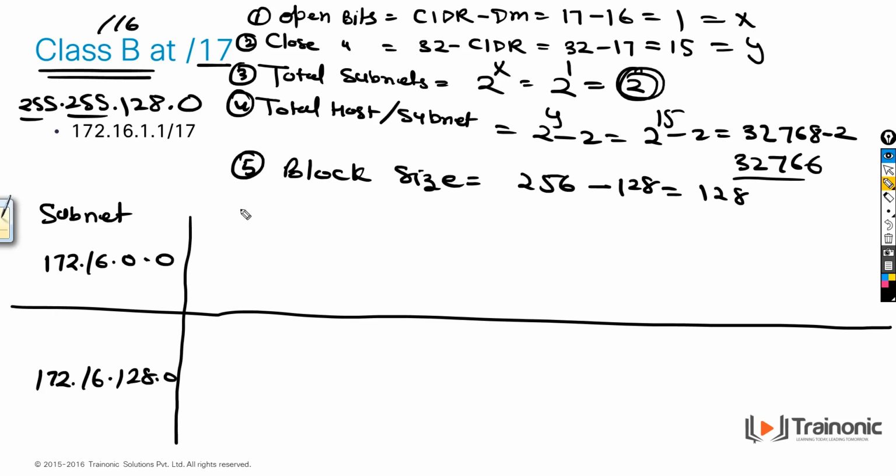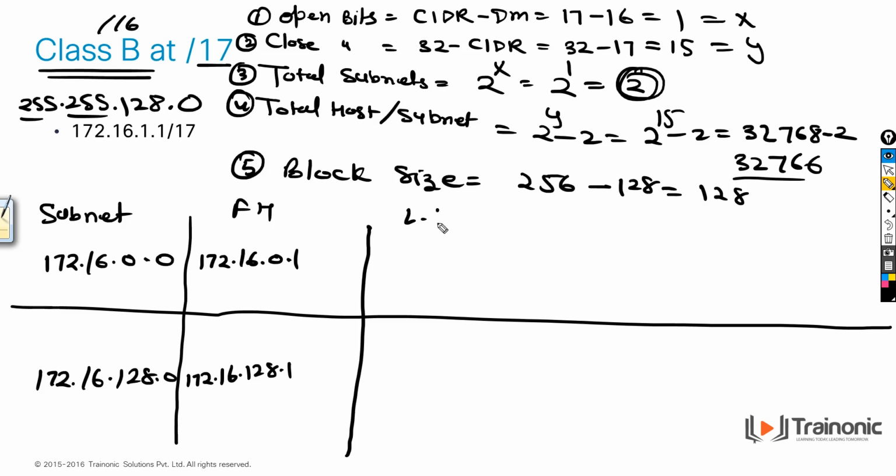First hosts are 172.16.0.1 and 172.16.128.1. Last host is 172.16.127.254.